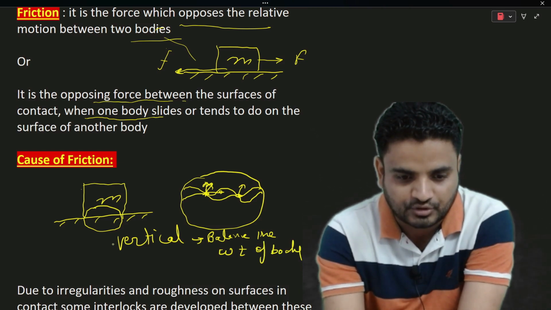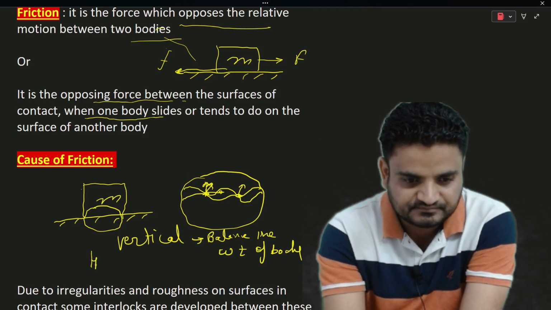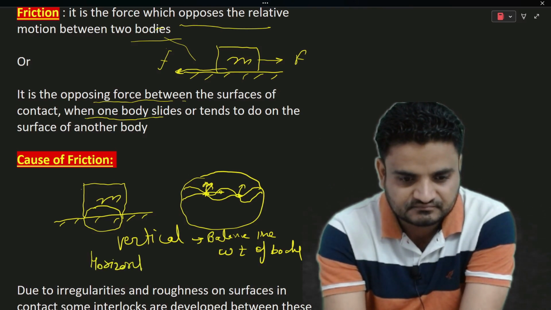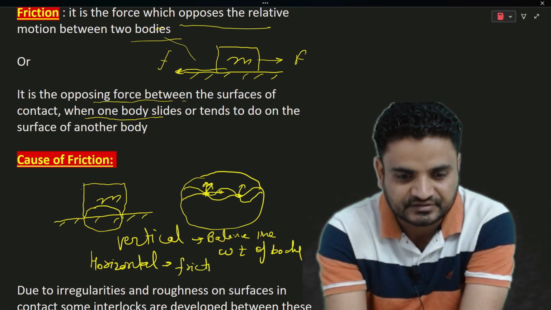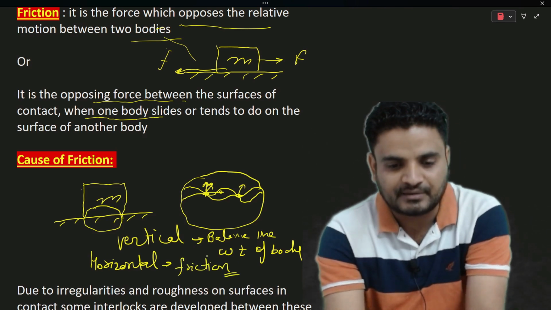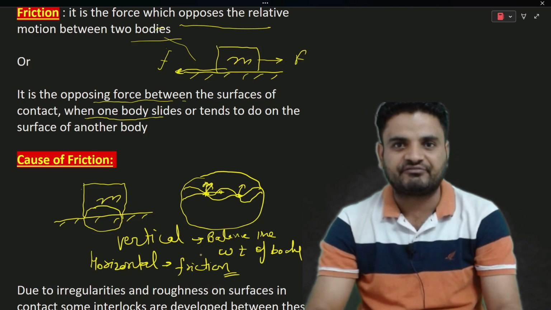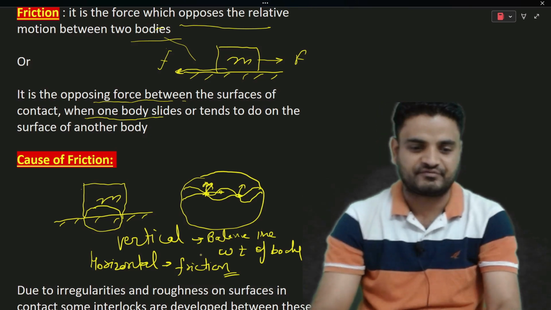And all the horizontal components cumulatively are known as the friction. Vertical components balance the weight of the body and horizontal components cumulatively are called the friction force.